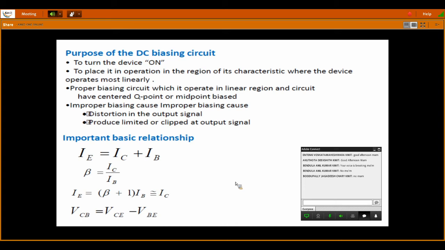So what do proper DC voltages mean? They make the input junction forward biased and the output junction reverse biased. To forward bias the input junction there is a requirement of a DC signal, and to reverse bias the output junction there is another DC signal required.